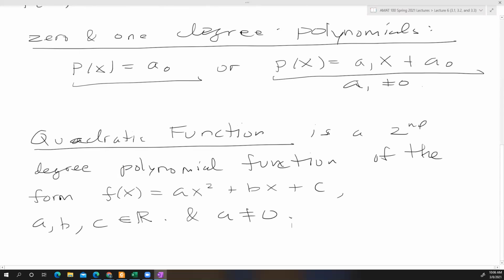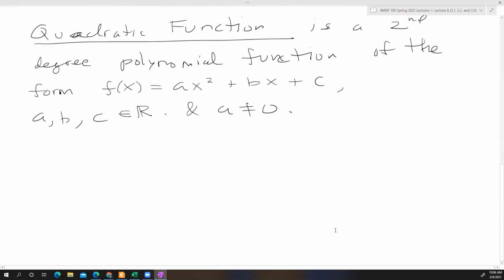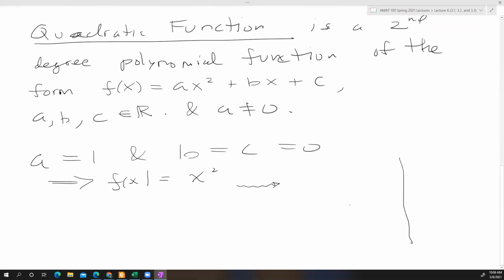One particular type of quadratic function we've looked at really in depth, and used to illustrate a lot of concepts, is the one corresponding to the parabola. That's when A is equal to 1 and B equals C equals 0. So in this case, f of x is simply x squared. And the graph corresponding to that, we've seen many times, is a parabola that opens up at the origin like this.